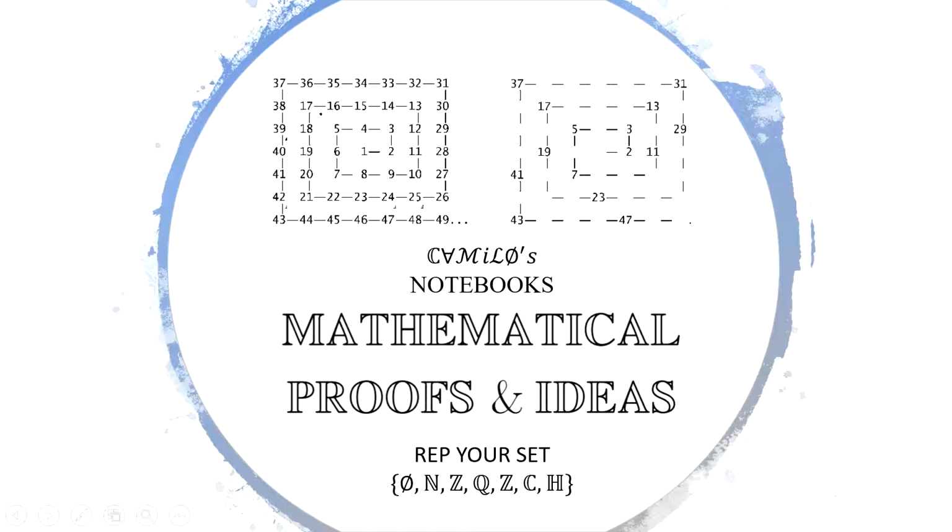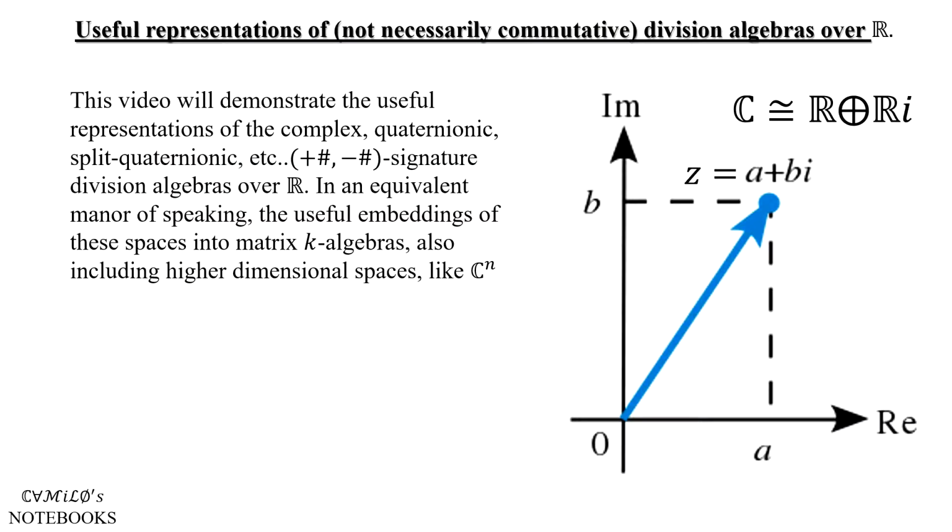And today we're going to be talking about a few of these sets, namely the complex numbers and the quaternions, and other variants of it like the split-quaternions. In our video today, we will demonstrate the useful representations that I use in mathematical physics of the complex numbers, quaternionic and split-quaternionic, and other signature division algebras over the real numbers.